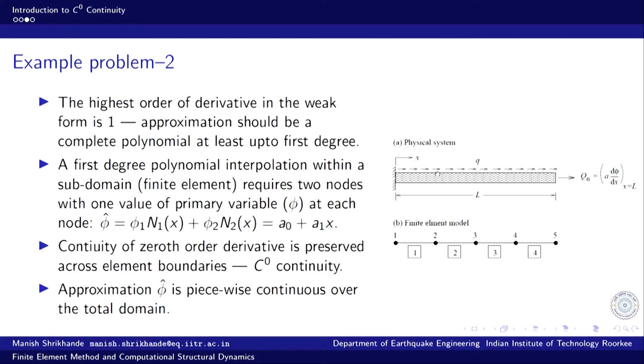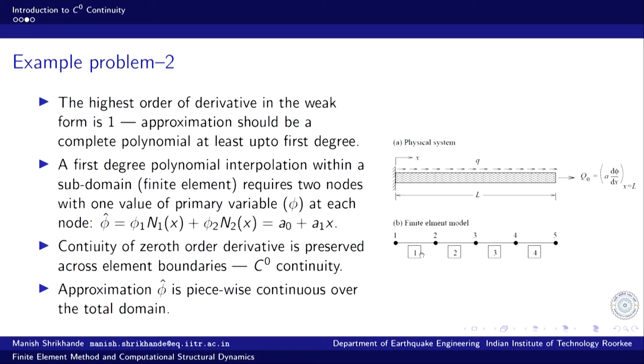Node 2 is defined by the coordinate x2. x2 can be some value, let us say L by 4, and node 3 is defined by coordinate x3, which will be some value, let us say L by 2, and node 4 is defined by the coordinate x4, which is maybe 3L by 4, and node 5 is the end point. So, that is x5 is equal to L.